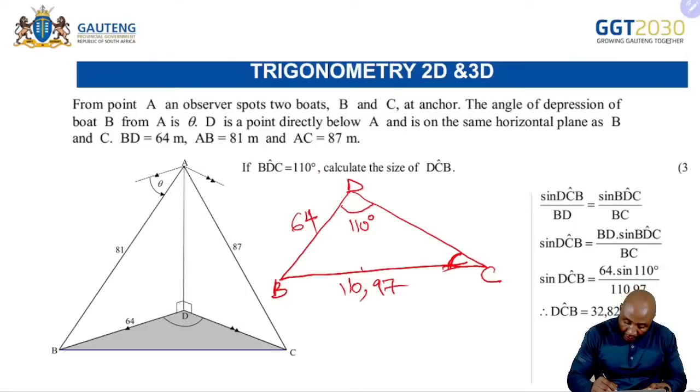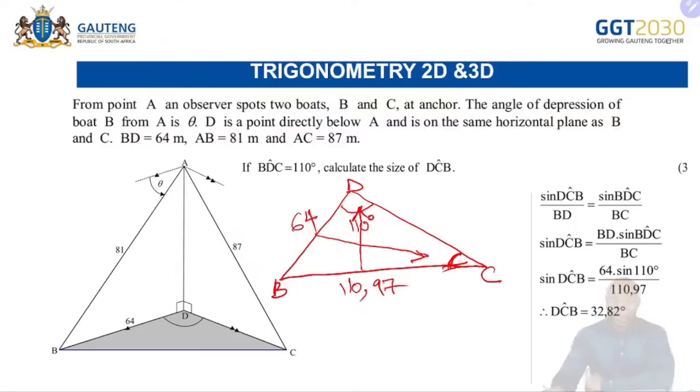I have an angle and a side, and that side is opposite that angle. Sine rule becomes easier for me to use, and I'll use sine rule to find the size of that angle BCD. I hope you are able to see that redrawing the diagram helps you a lot to see what can help you get to the solution faster.